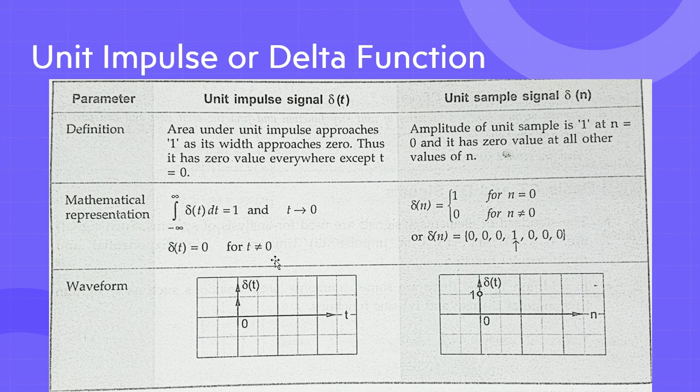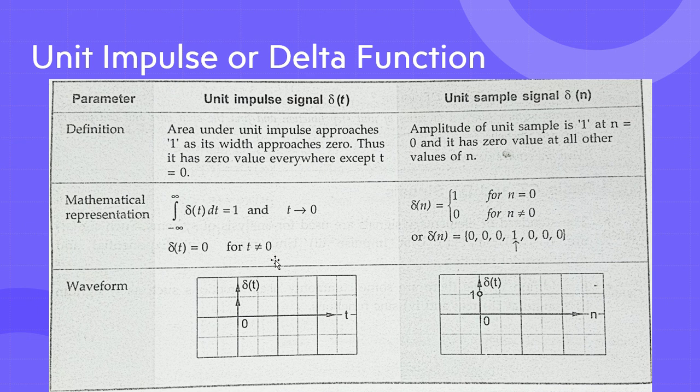Now what is the significance of the unit impulse signal? What we saw a moment ago with the unit step signal is that the discrete time unit step signal is a sampled version of the continuous time unit step signal.